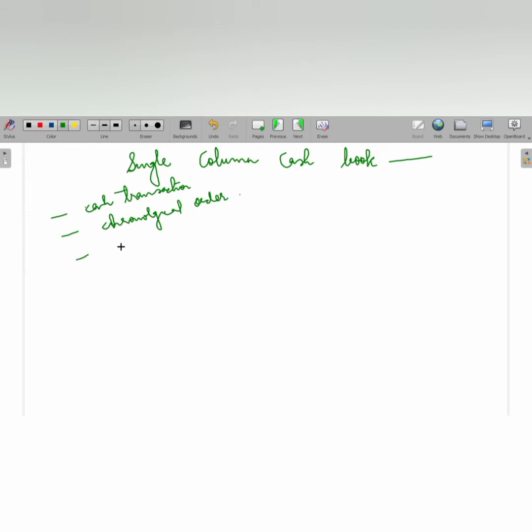As I have told you, only one column exists here. Now we will understand all these three things by drawing the proforma of the single column cash book. What is one column and what is two columns? Okay, we will understand this.